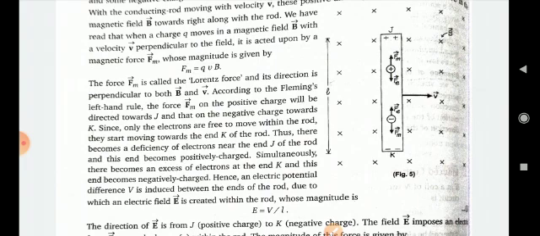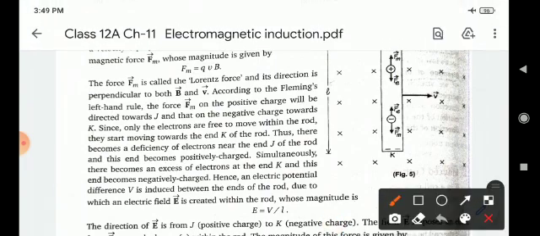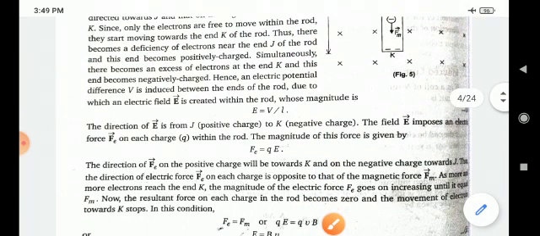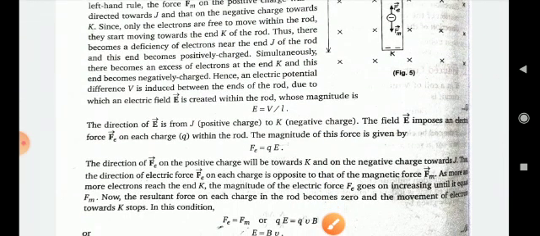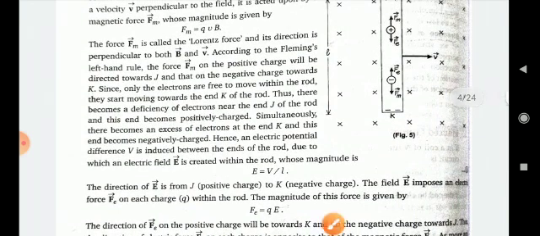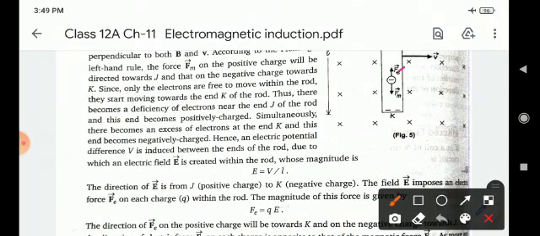Therefore, the formula will be EMF, E equals V upon L, where V is the potential and L is the length of the conducting wire. Here Fe is the electrostatic force and Fm is the magnetic force.